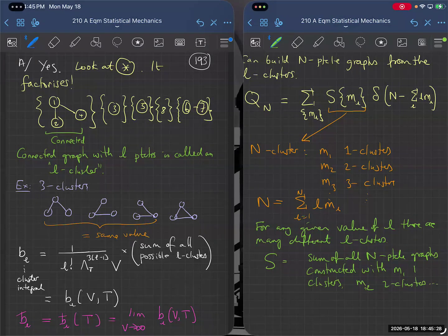So you have to work it out, and it's very unpleasant. But in the end, you get a very simple result.